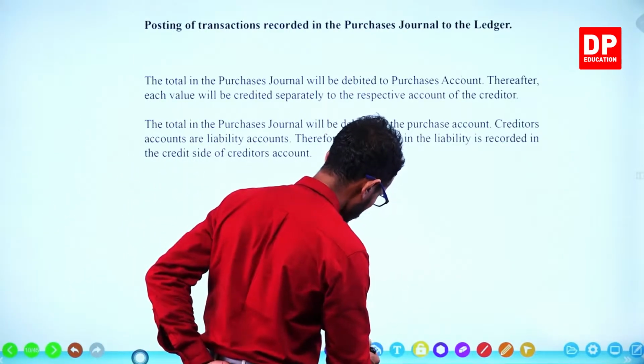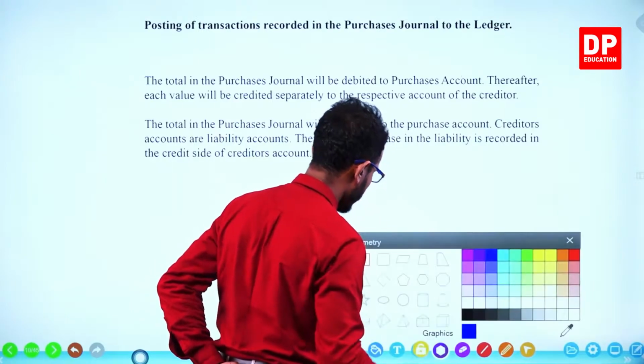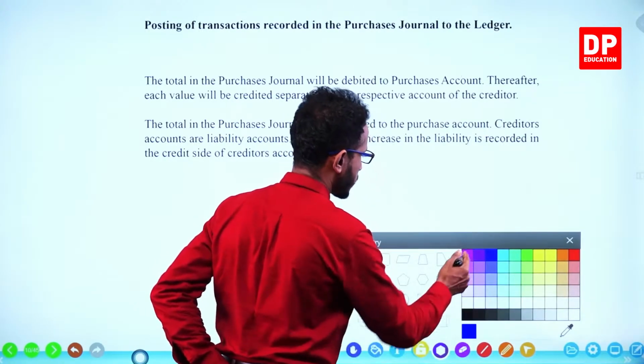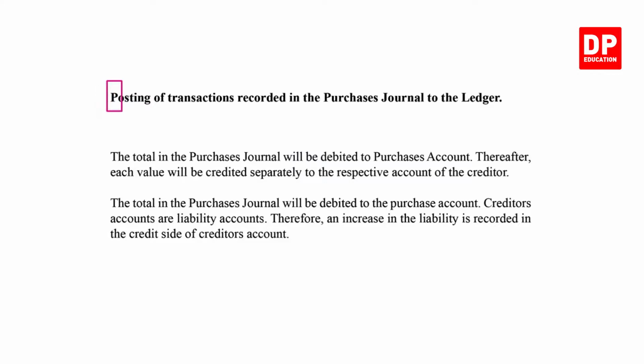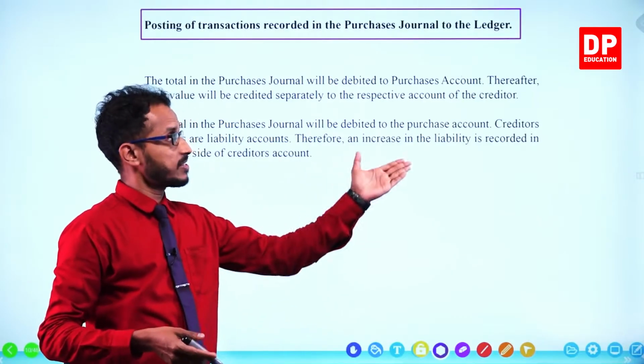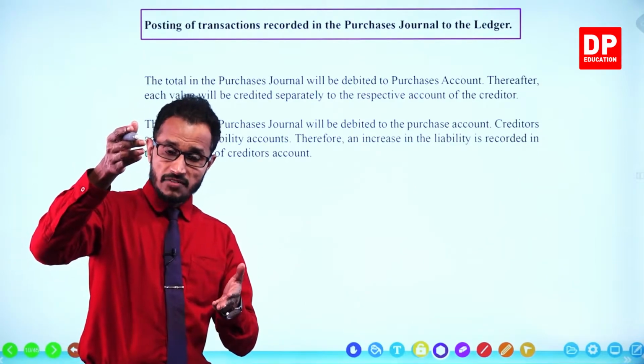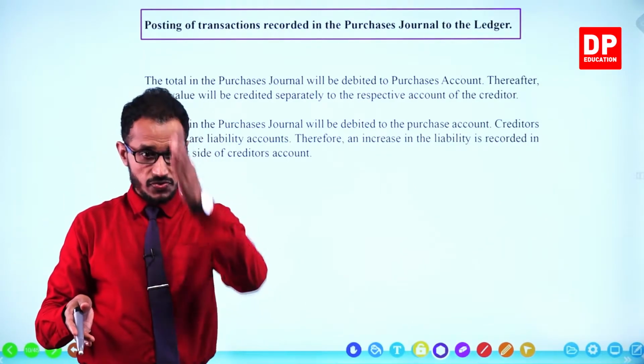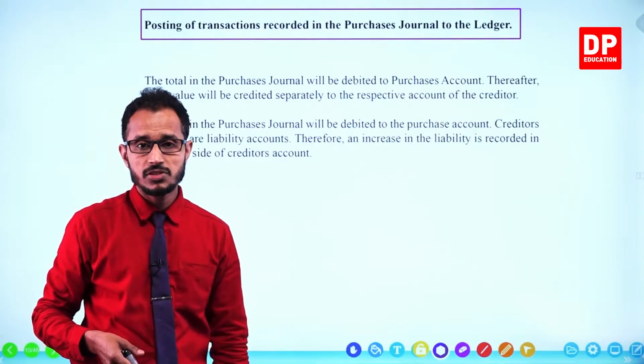So why am I having it now in this session? Because, you students who watched the previous session where we learned how to record the entries in the purchases journal, and after that transferring the entries to the ledger.